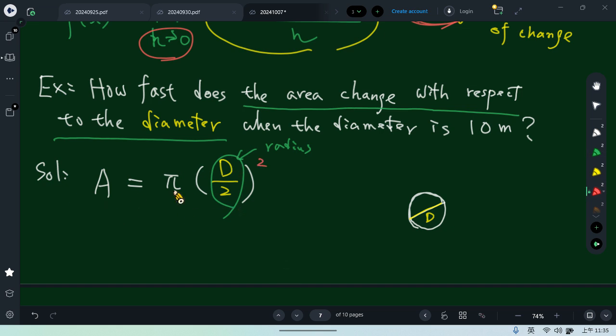This is the formula to calculate the area of a circle.